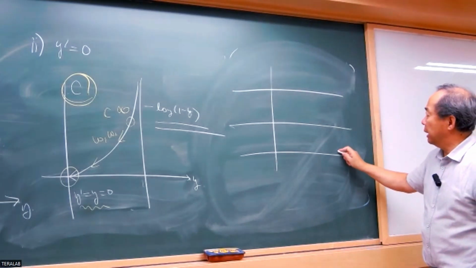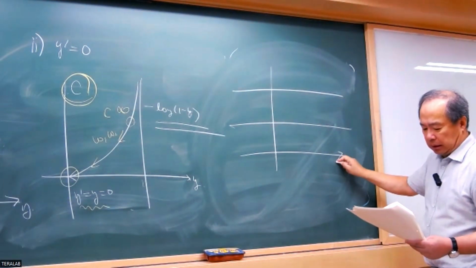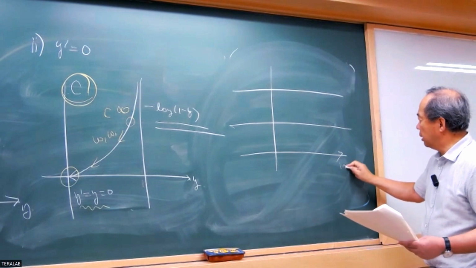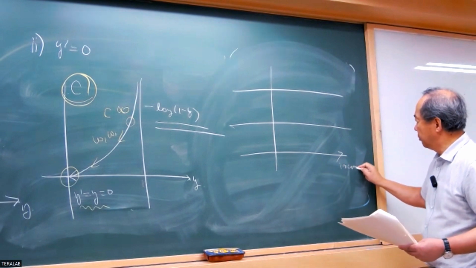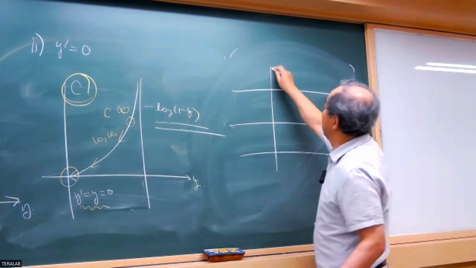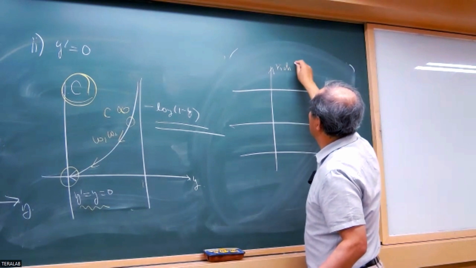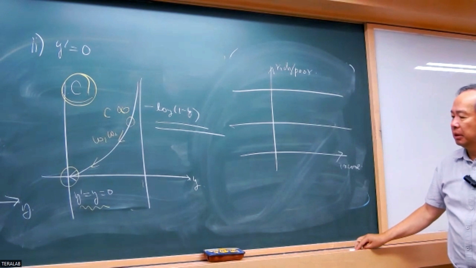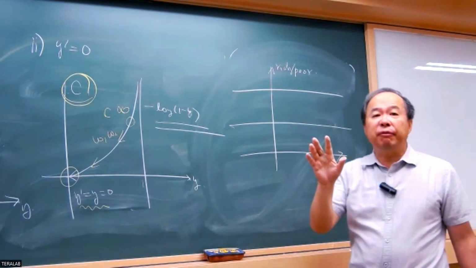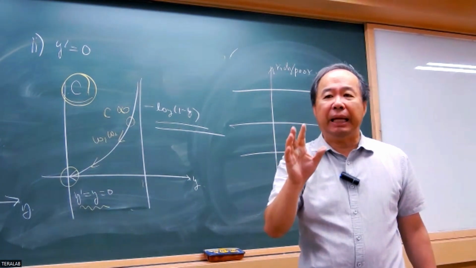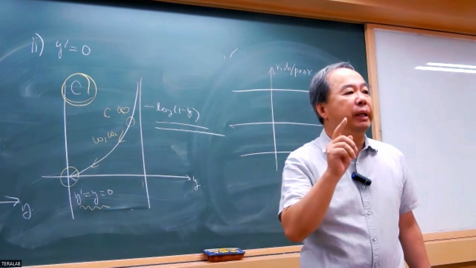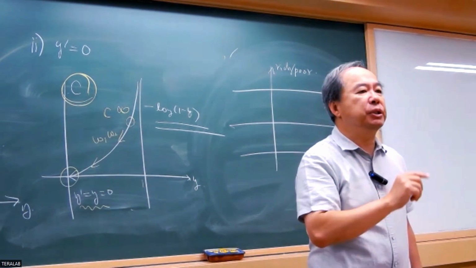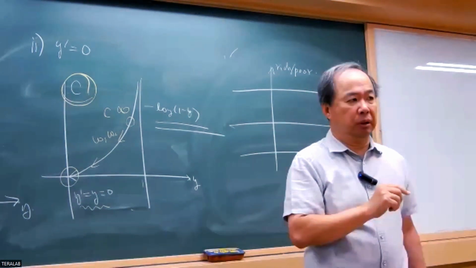Let's assume that this is your income. This is whether you are rich or poor. Let's assume you have a deep neural network that is determining whether you are a rich person or a poor person.